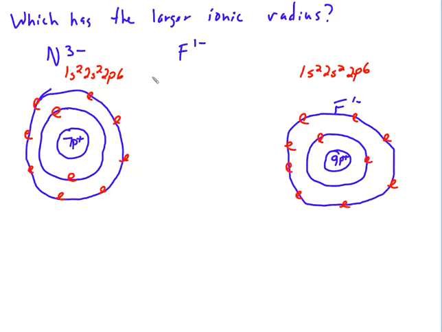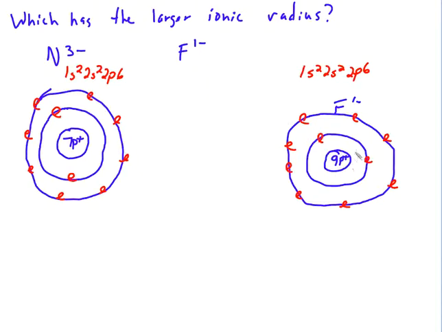So what's going to determine the radius? Well, they have the same number of shells of electrons and the same number of electrons in the shells. So that's not a factor, but what is a factor is the nucleus. Nitrogen has 7 positive charges because it has 7 protons in the nucleus pulling on these electrons.